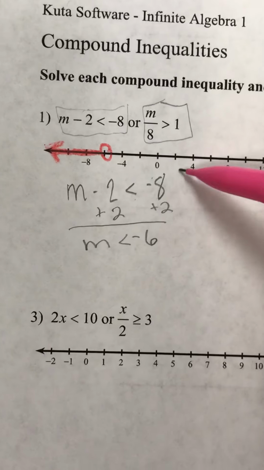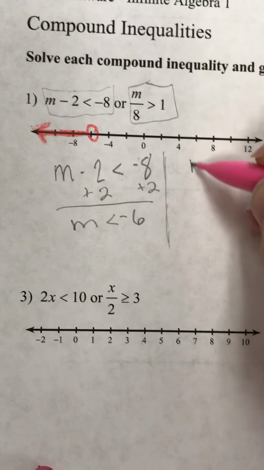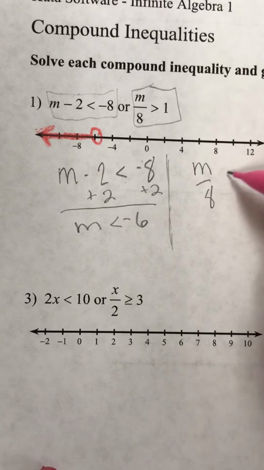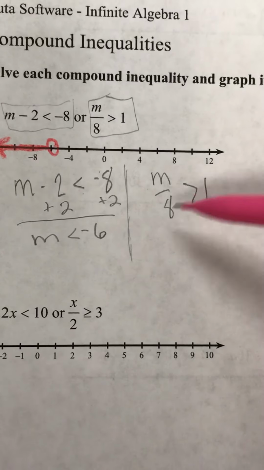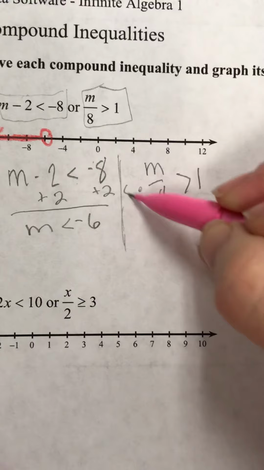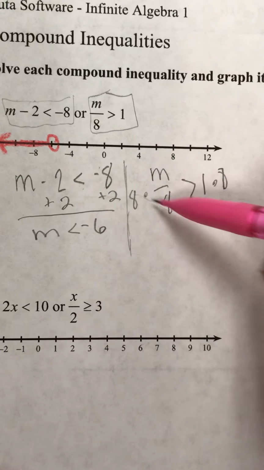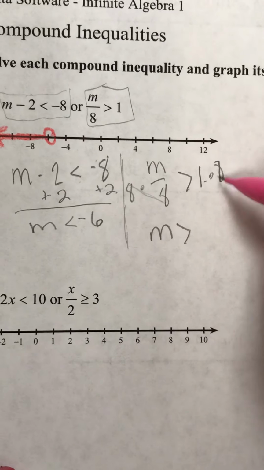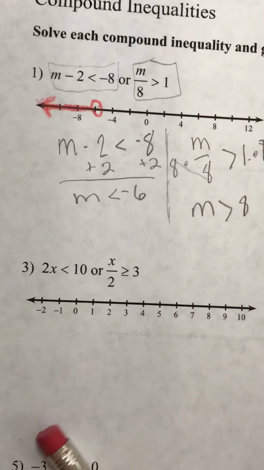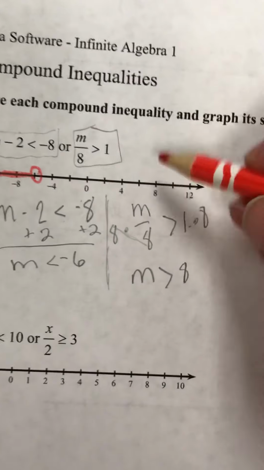Okay. And then on this side, it's m divided by 8 is greater than 1. And so instead of dividing by 8, to solve that, we will multiply by 8. So the 8's will cancel, and we're left with m is greater than 1 times 8, or 8. And so we will make another circle.